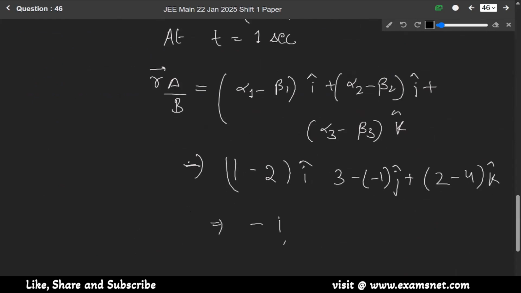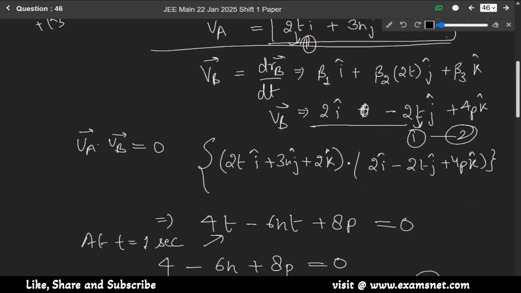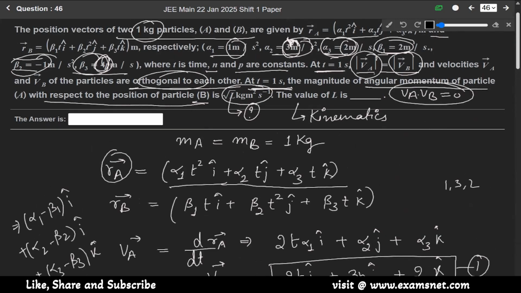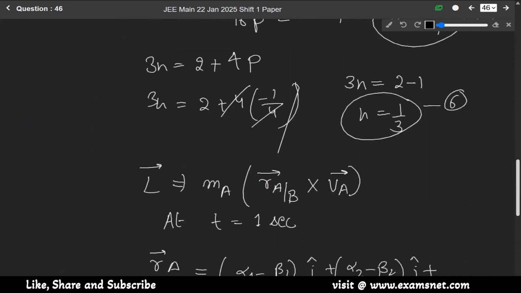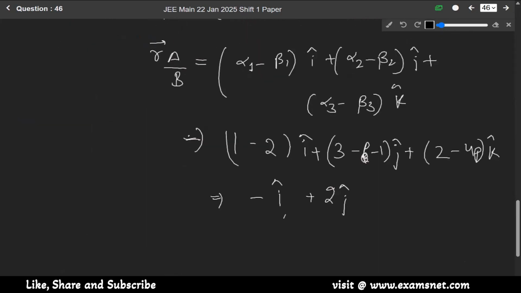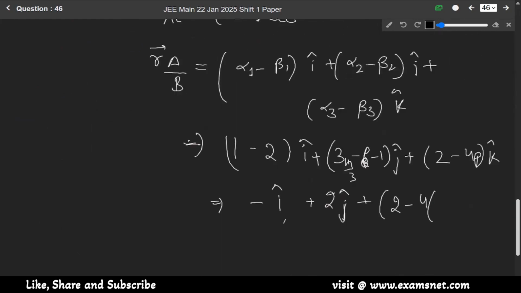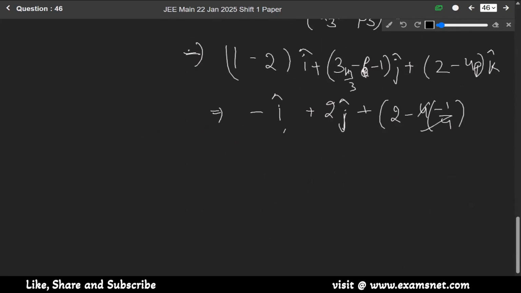Solving it, we get minus i cap plus 2j cap, and for the k component, alpha 3 is 2 and beta 3 is 4p. Since alpha 2 is 3 and n is 1 by 3, it will be 2j cap only, plus 2 minus 4 times p, where p is minus 1 by 4, so minus minus plus 1.